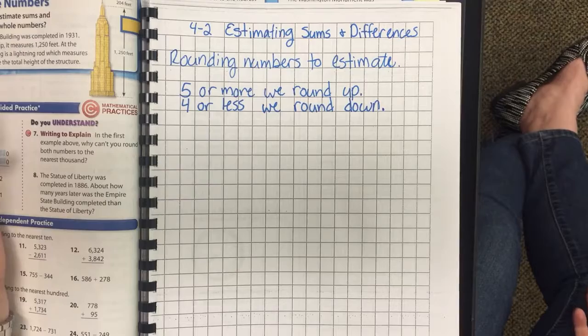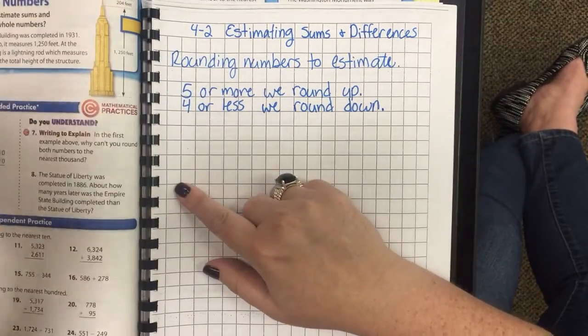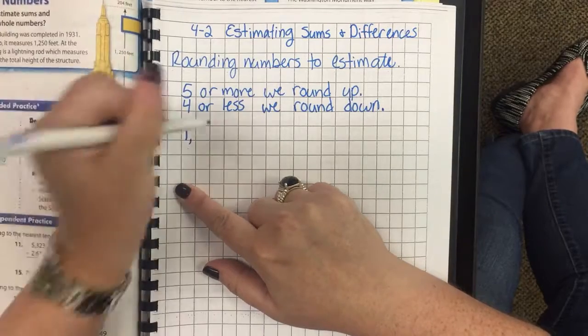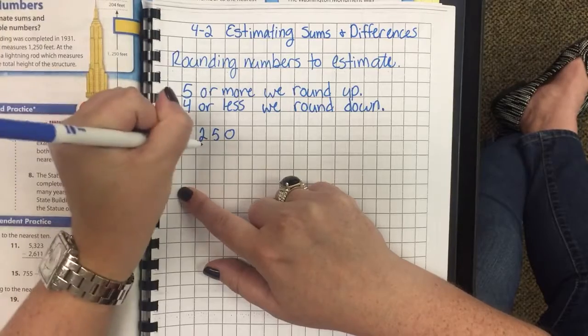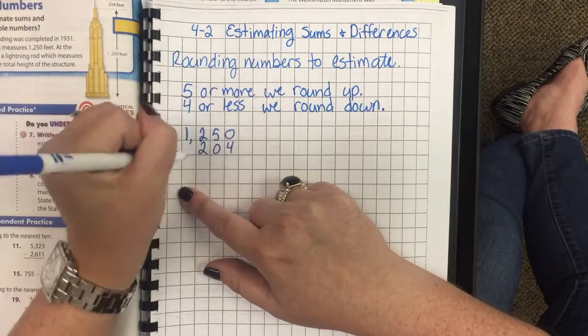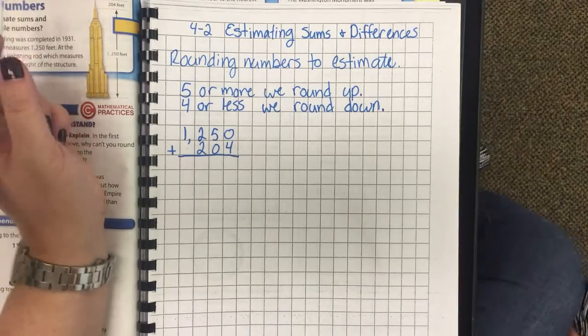So, if I'm looking at an addition sentence, and it says something like 1,250 plus 204, and it wants me to estimate the answer, I'm going to round.